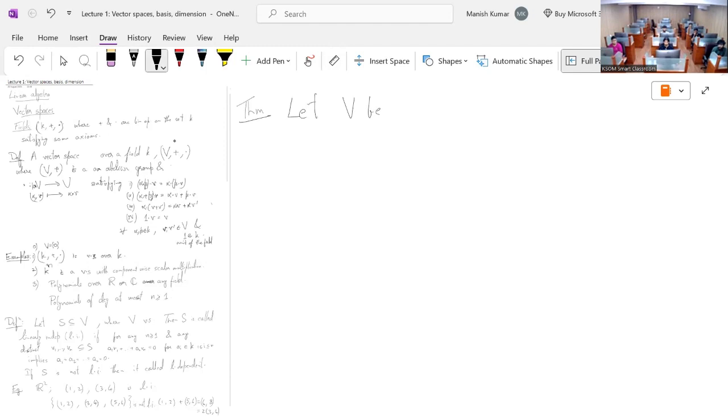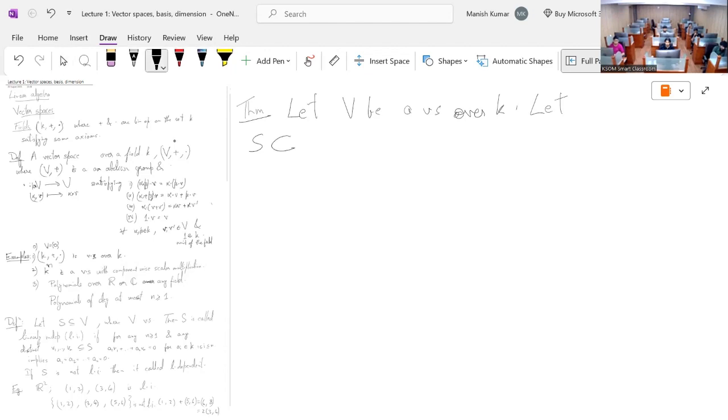Let V be a vector space over a field K. Okay, in my notes it is okay, but anyway, it doesn't matter. So we will think of a possibly infinite dimensional vector space, since you're Masters and now PhDs, and maybe do a PhD, so maybe one should do some more advanced stuff.